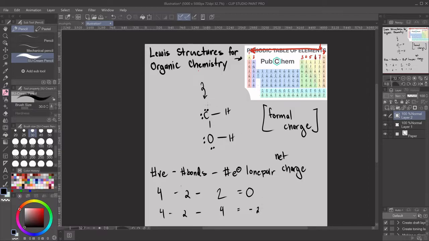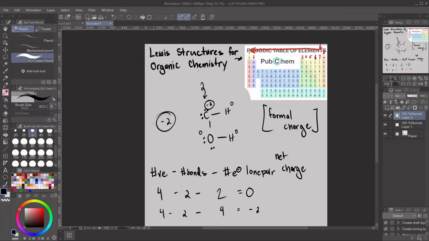So our formal charge for this carbon with a full valence shell will be -2. All right, so if we calculate all of the other formal charges, you'll see that all of these will have a formal charge of 0. So what will happen is our net charge will end up being -2.